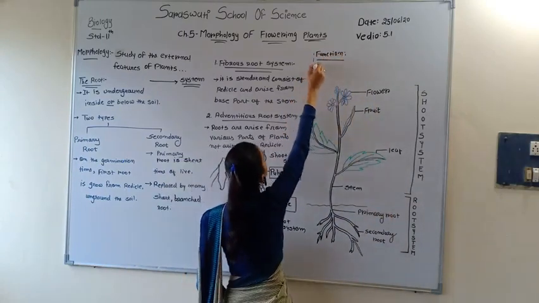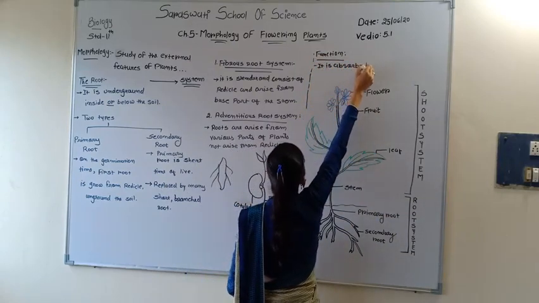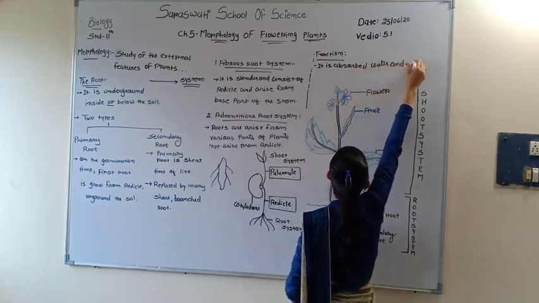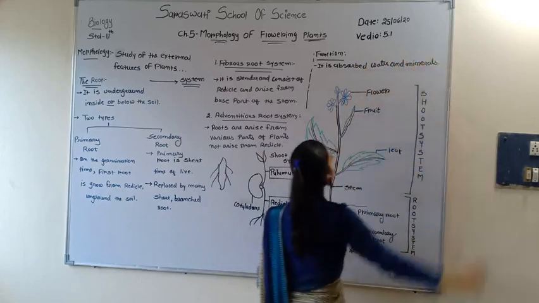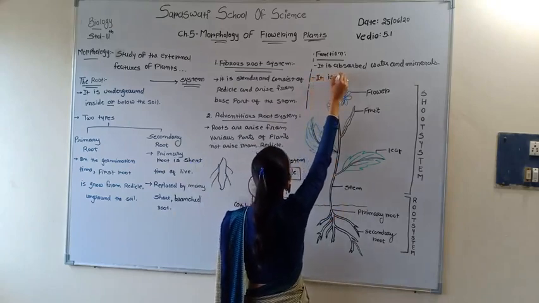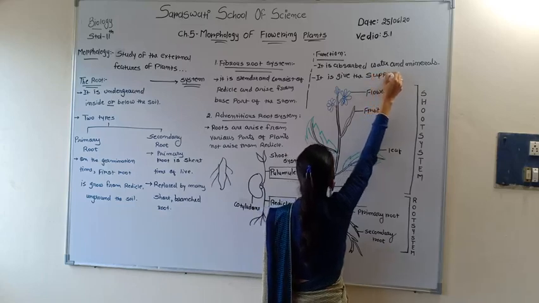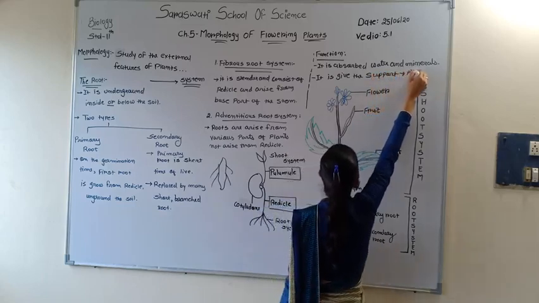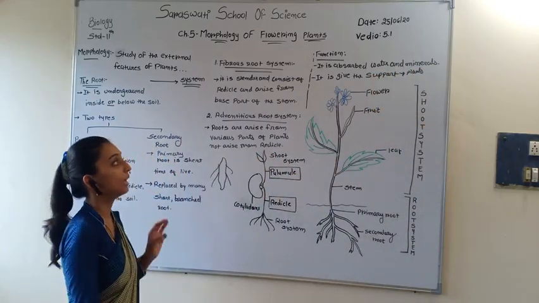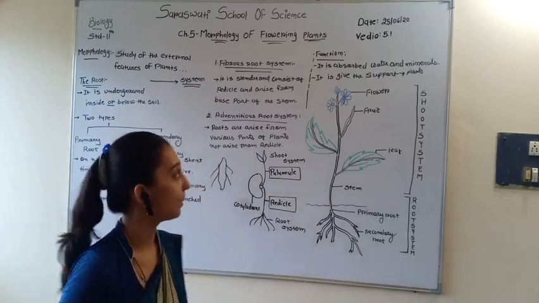First of all, it absorbs water and minerals from the soil, and the second function is that it gives support to the plants. So these are the two main functions of the root.